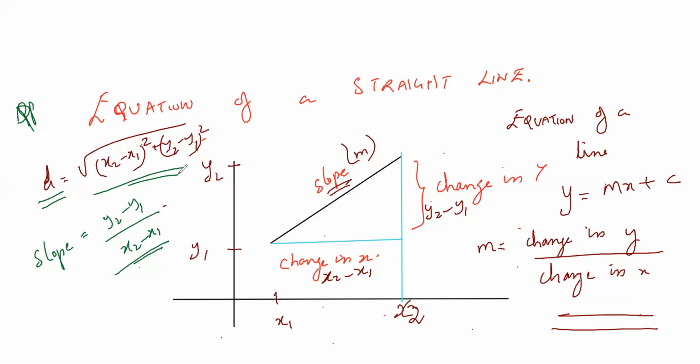This particular line, PQ or AB, this is my distance D. So if they're asking to find the distance, you have to use this formula. If they're asking you to find the slope, you have to use the slope formula. That's all. Good doubt it was.